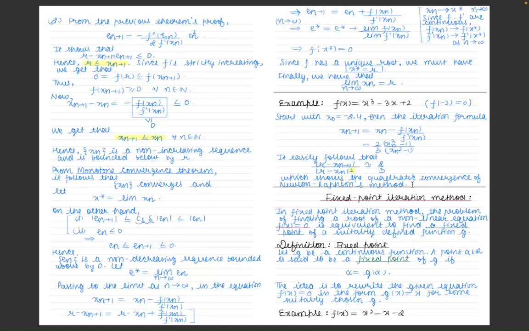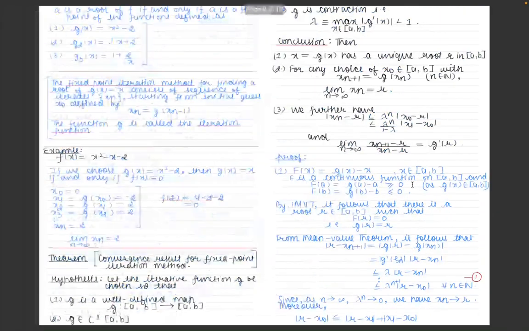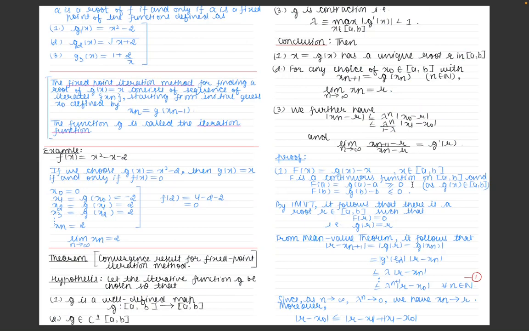So, you see, alpha is a root of f if and only if alpha is a root of the functions defined as number 1, let's say g1(x) to be x square minus 2.